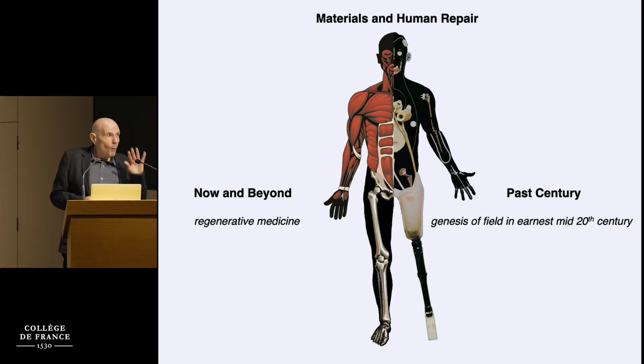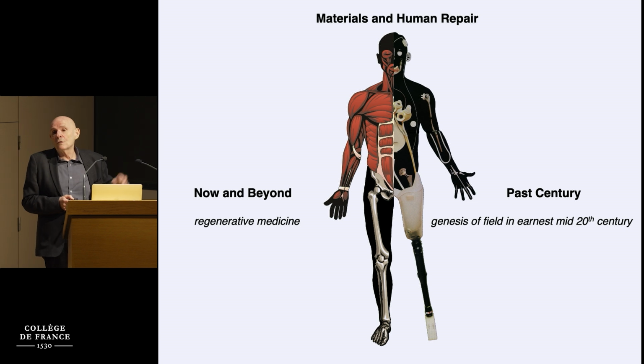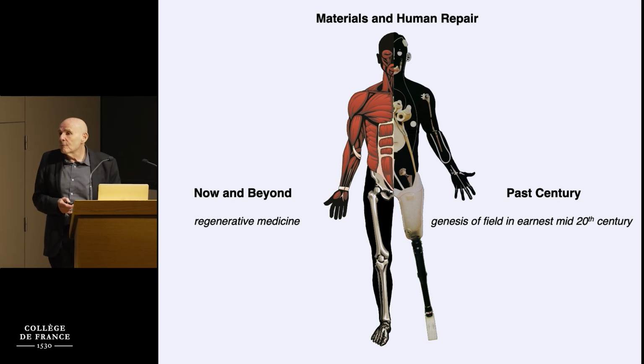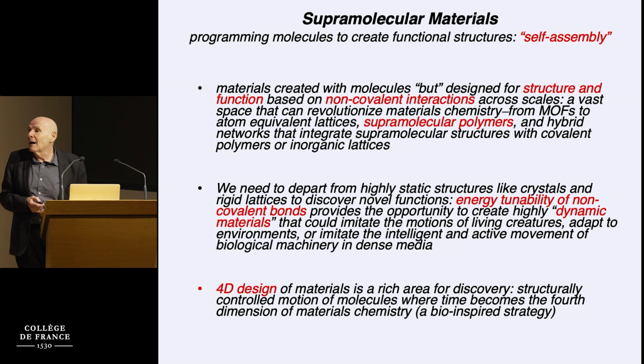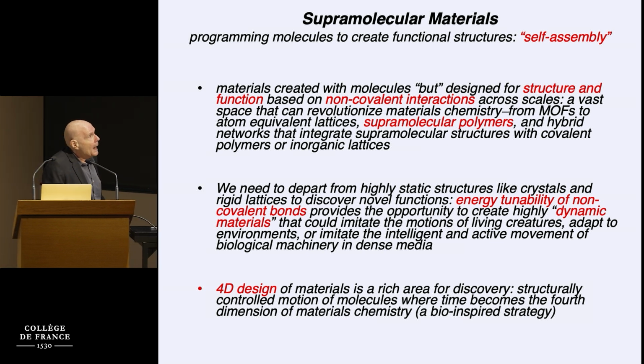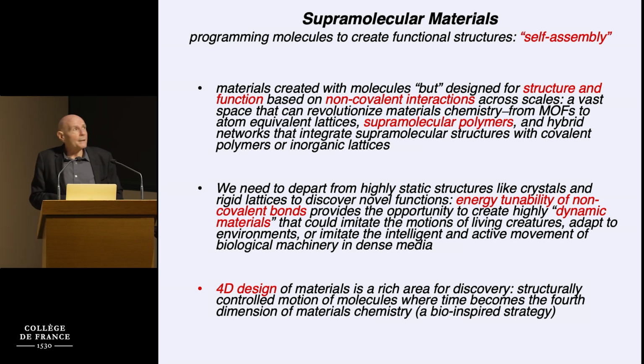And so what we are trying to develop does not involve the use of stem cells, but instead it uses bioactive soft matter. And hopefully, eventually, we will probably be able to combine the two. And we do everything with supramolecular materials. Everybody understands what those are.